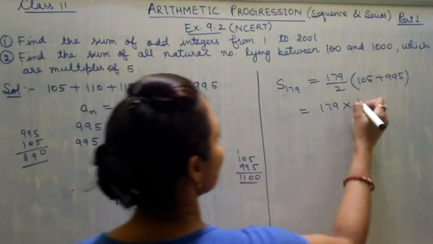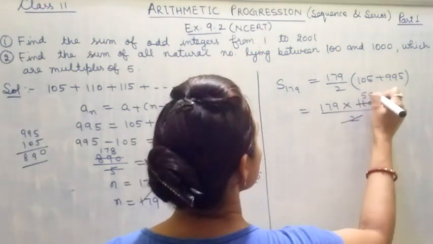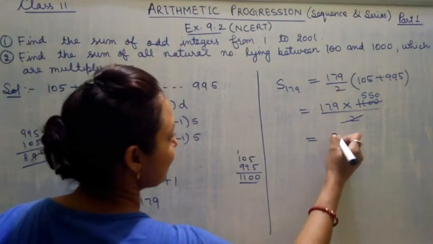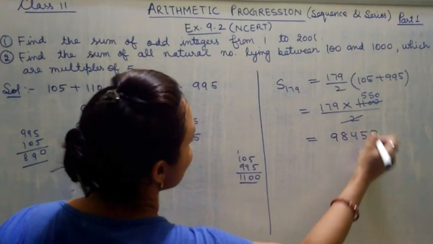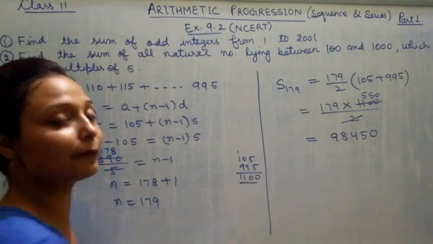So this is 1100 upon 2. So 2 5s are 10, 2 5s are 10. After multiplying these two, I will get 98450. So this is the multiplication. After doing the multiplication, you will get the same answer.